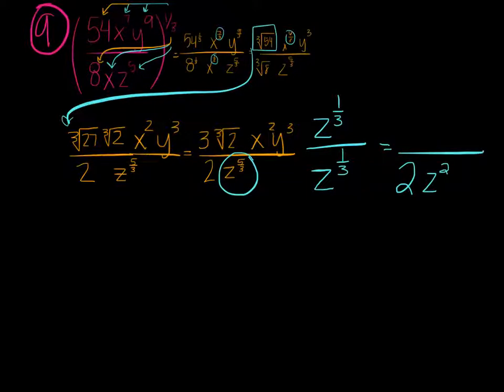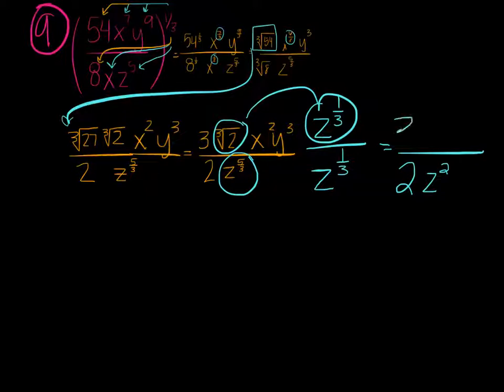And then on top, we have z to the 1/3, which is the same thing as the cubed root of z. And we also already have the cubed root of 2 right here. So these two things are both under the cube root.